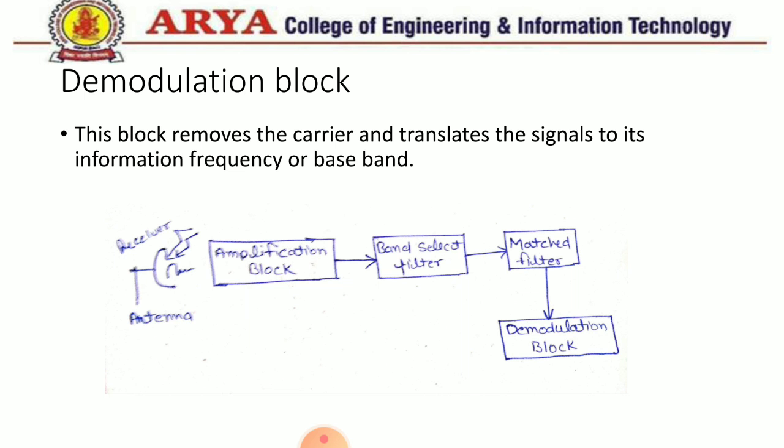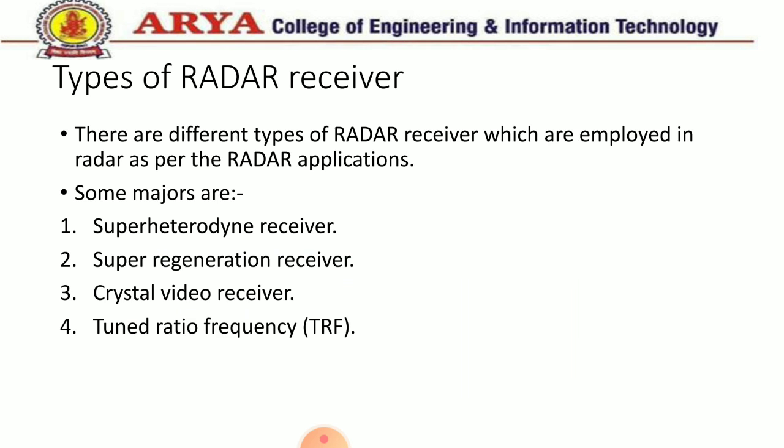Here the matched filter matches the received signal to the desired signal, and if the signal is not matched, it will not send any signal to the demodulation circuit, and if the signal is matched, it will give the signal to the demodulator, and the demodulator separates the carrier signal and baseband signal from the modulated signal. So this is all about the block diagram of the radar receiver.